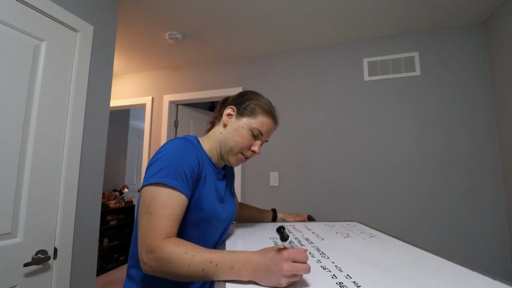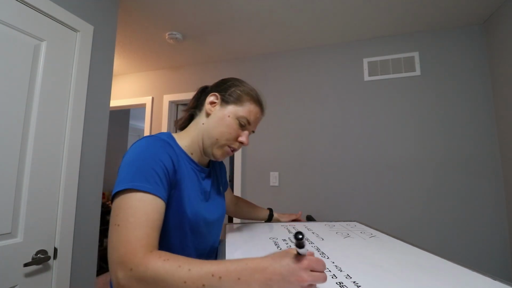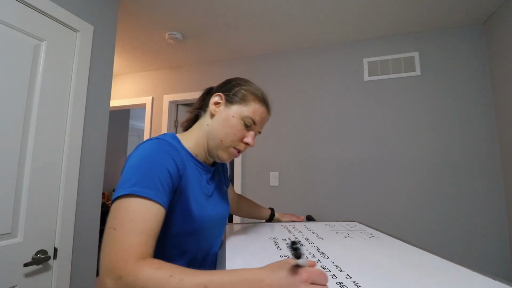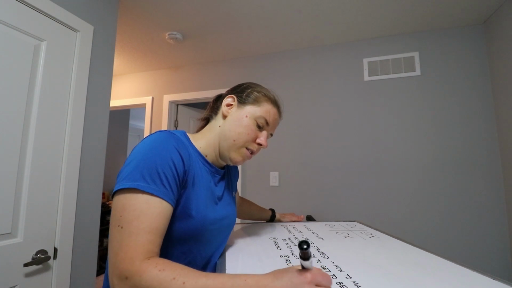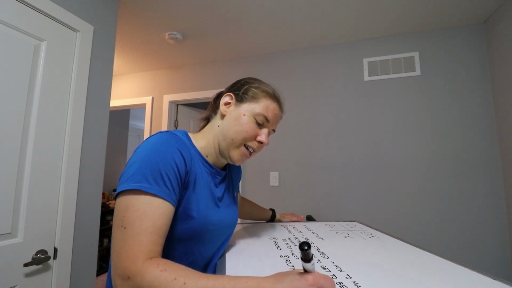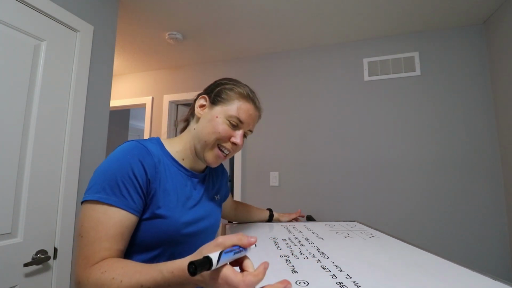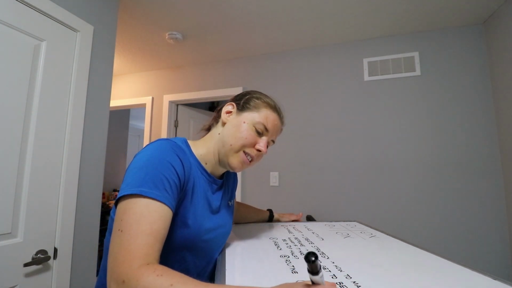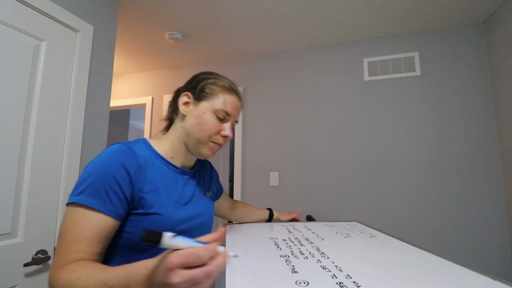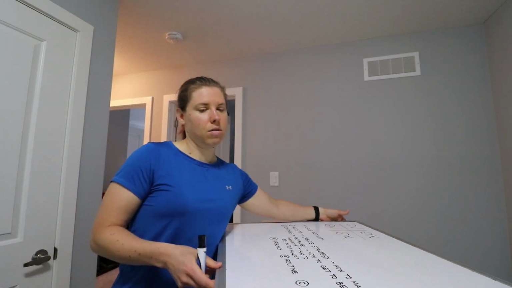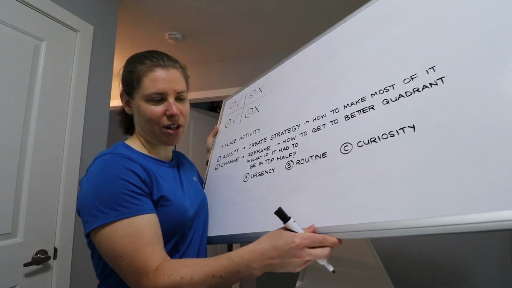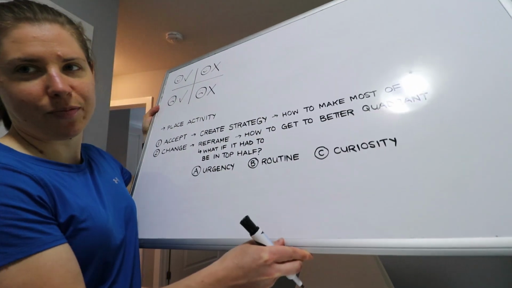So routine, basically make it a habit, make a routine, and then it's much easier to do. Or for me, it has to be engaging. I can hyper-focus on things. I can force myself to do things. Curiosity is my easy way in. So that's what I came up with last night, just as I was lying in bed, to my smart speaker.